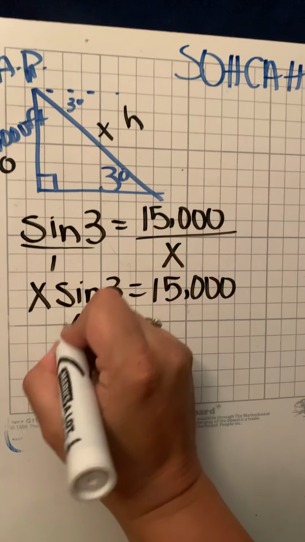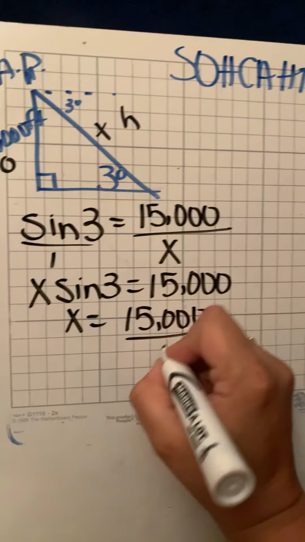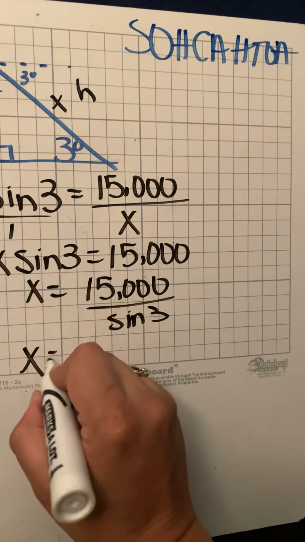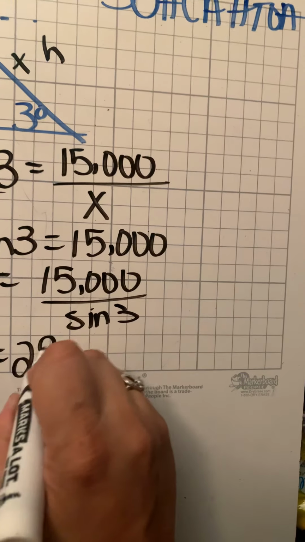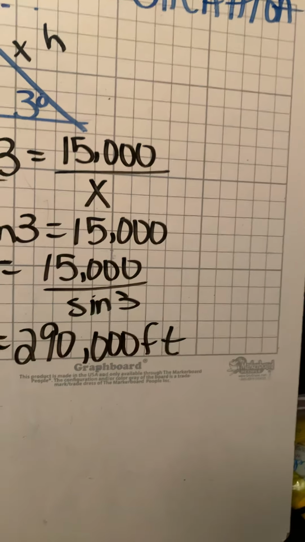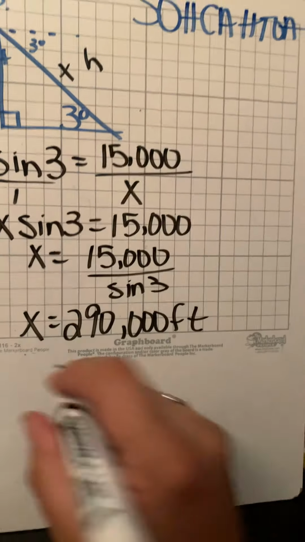Divide by sine 3: x equals 15,000 divided by sine 3. When you plug that into your calculator, x should equal approximately 290,000 feet.